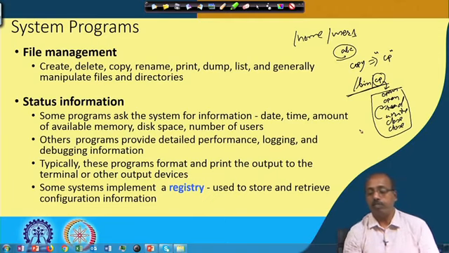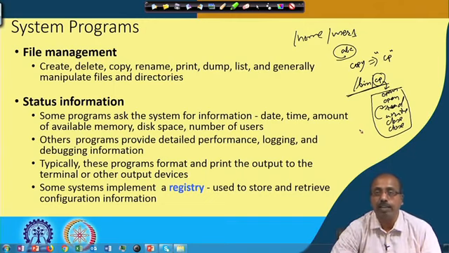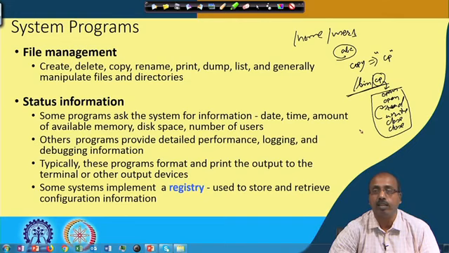And the reason why it is called a program is that they are also kept in certain directories and they can be executed from there. In some cases these system programs can be modified, like you can have your own version of the program cp and put it into the /bin directory, so that it will use your program for copying rather than the system program cp.